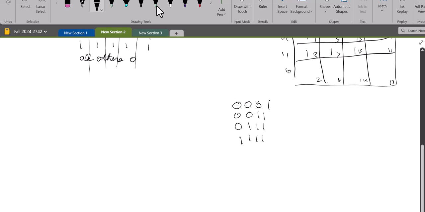So you can see if this is x3, x2, x1, and x0. Let's see.